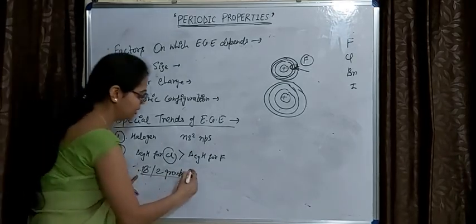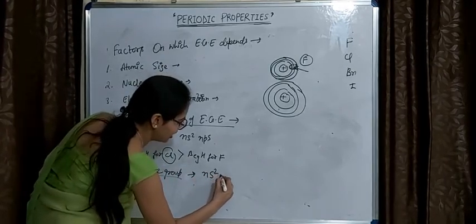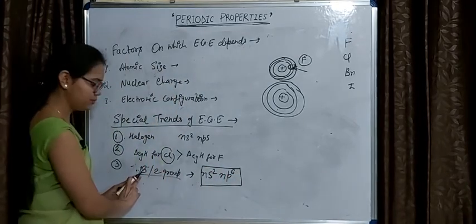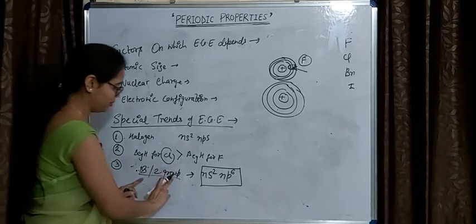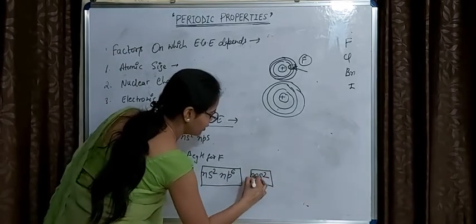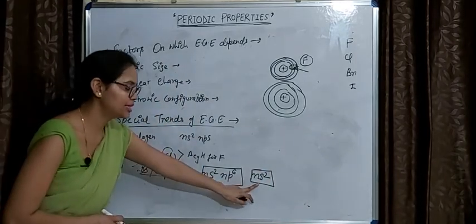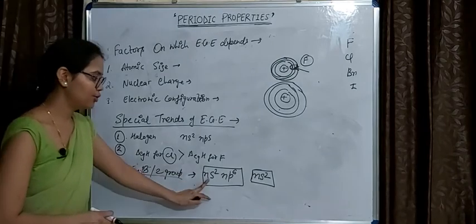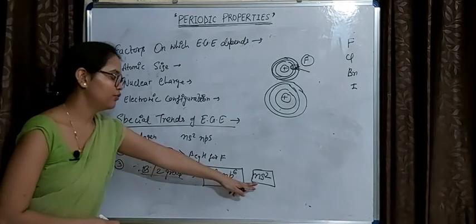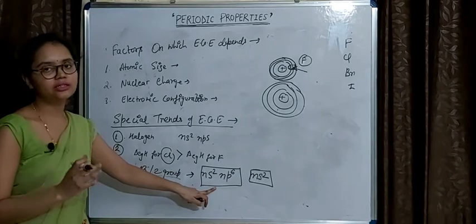The general configuration for group 18 is ns2 np6, and for group 2 the electronic configuration is ns2. As you can see, both configurations are completely filled, which means both are stable.